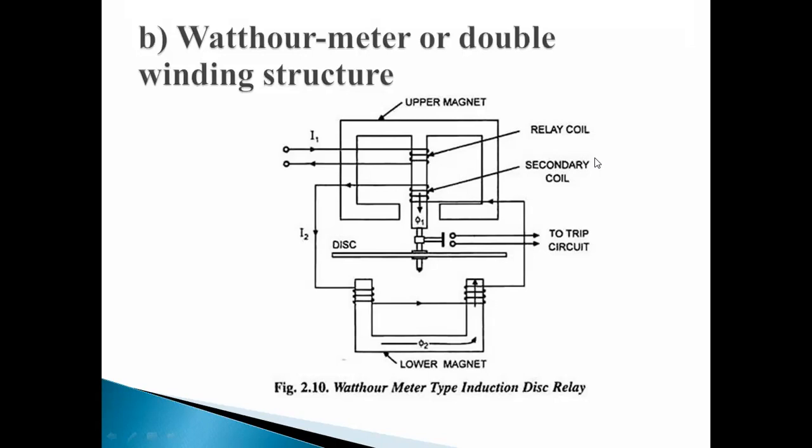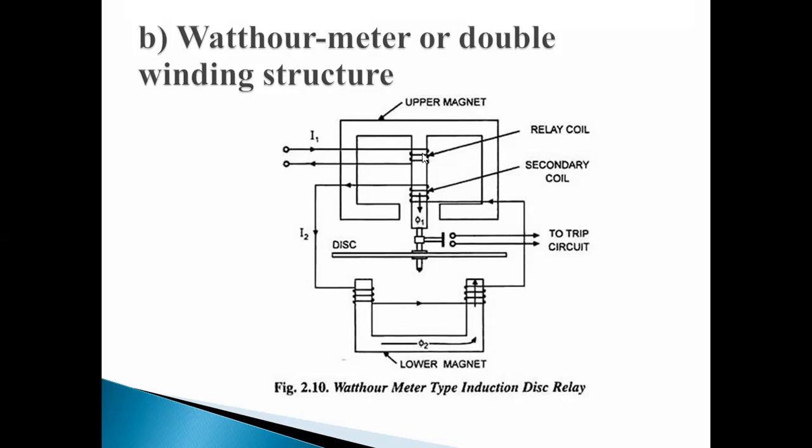So, watt-hour meter or double winding structure. This is just like our energy meter. Here two windings are used, that's why it is called the double winding structure.